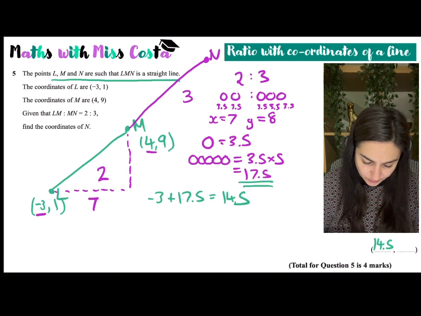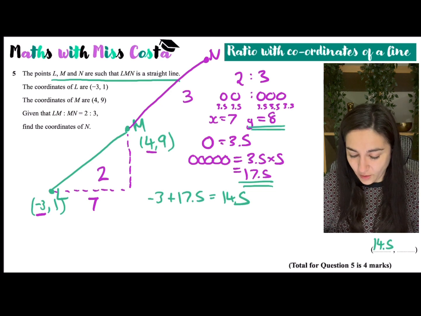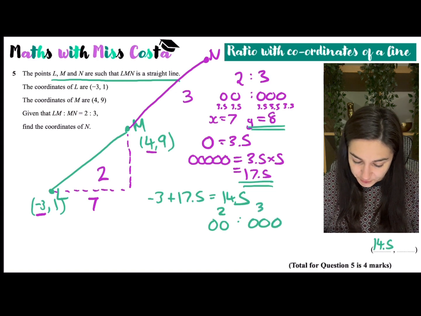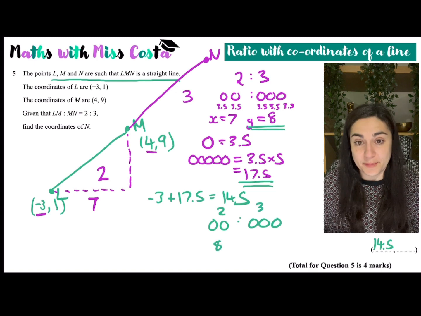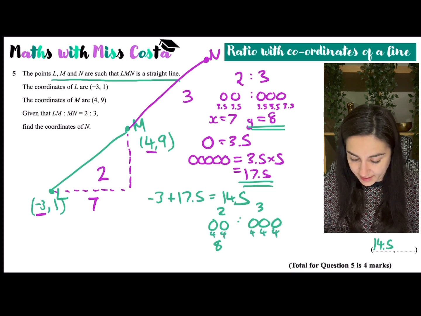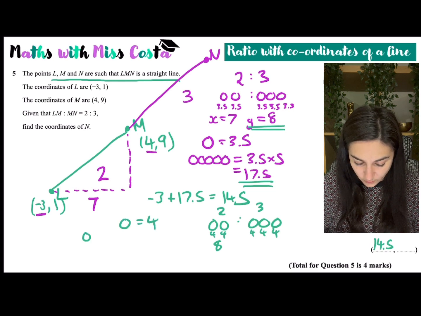So I know, what did I say the distance was? Oh, okay, I have it here. Y equals 8. So once again, I've got 2 parts to 3 parts. So if 2 parts are worth 8, that means that each part is worth 4. So 5 parts, if one part is 4, are going to be 4 times 5, which is 20.